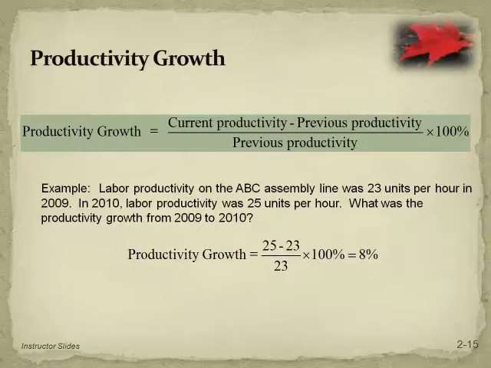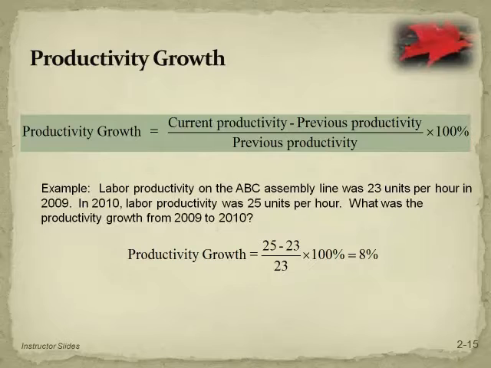This slide shows the formula for calculating productivity growth. So any one particular productivity measure doesn't really tell us very much. It's only when we have several productivity measures and we can compare them to see whether productivity is growing or changing over time that is important to us. So the formula for productivity growth is defined to be the current productivity minus the previous productivity divided by the previous productivity, and then multiplying that ratio times 100%.